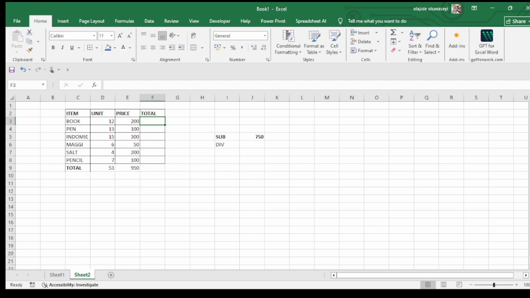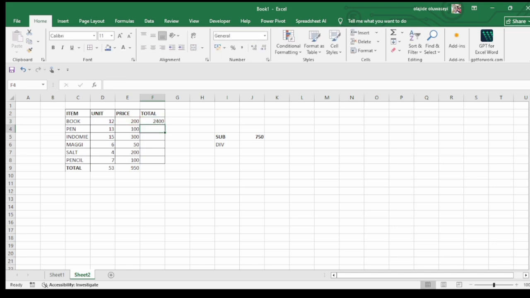Are you with me? To get the total, you multiply your unit by your price. The unit multiplied by the cost price. In our method, we have this multiply, on your keyboard, multiply by the price.